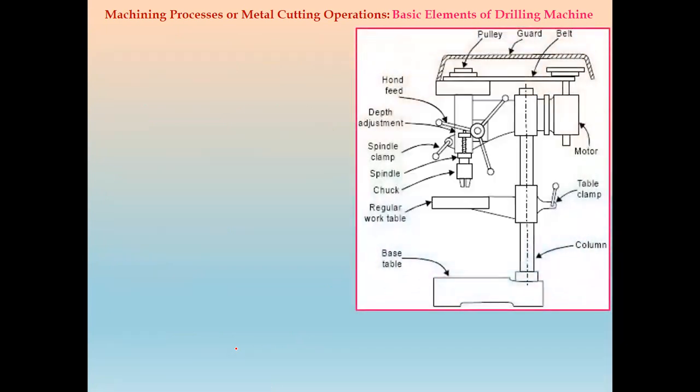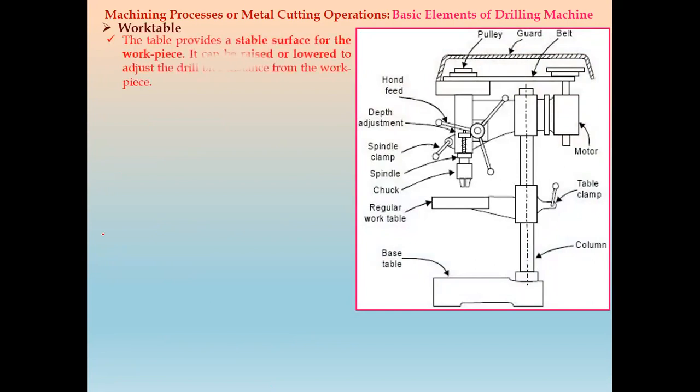Now the next basic element is the work table. So a work table provides the stable surface for the workpiece. In this drilling machine, the cutting tool is rotating and the workpiece is fixed to the work table. So the work table provides the stable surface for the workpiece. Again, this work table can be raised or lowered to adjust the drill bit distance from the workpiece.